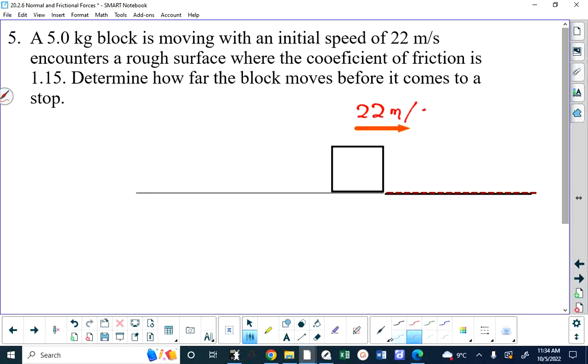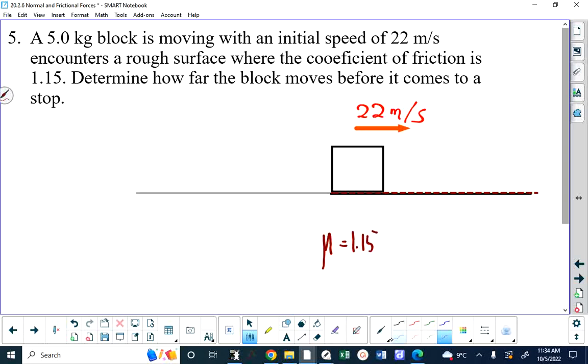This vector I've drawn is not a force vector, it's a velocity vector. It's just telling me it's moving that way. So once it gets on here, once it's on this surface, that's the initial speed. It says the coefficient of friction here is 1.15. How far does it move before it stops?